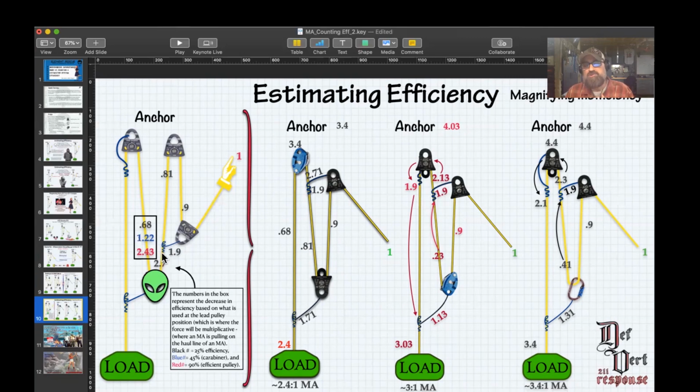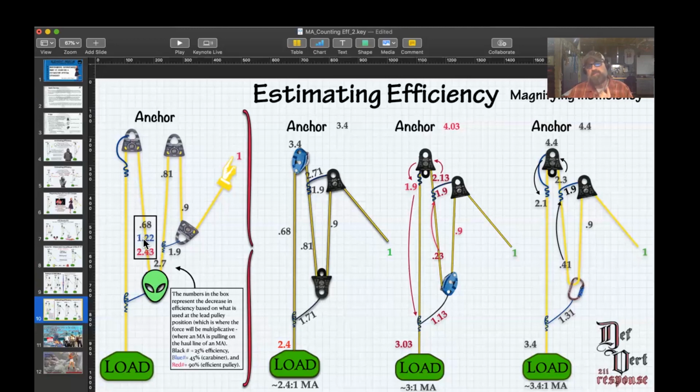Why? Because just like that previous one where we said, here's the same kit, where does the carabiner go? It goes closest to your hands. We want it efficient there because that's where my hands are. But the hands of my other mechanical advantage are on the haul line of my first mechanical advantage. So this needs to be efficient.